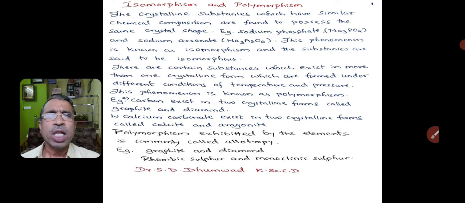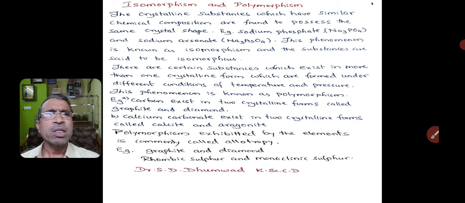Iso generally means same or similar. The crystalline substances which have similar chemical composition are found to possess the same crystal shape. Example, sodium phosphate, formula Na3PO4, and sodium arsenate, Na3AsO4.